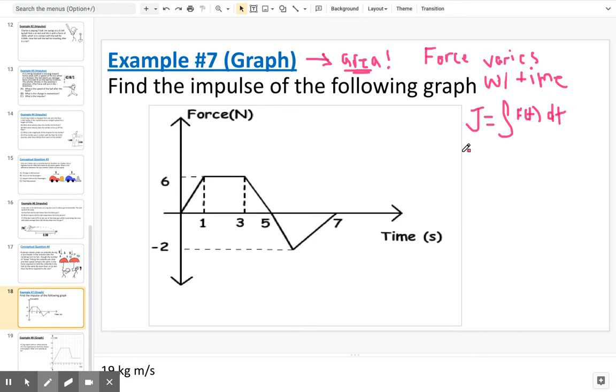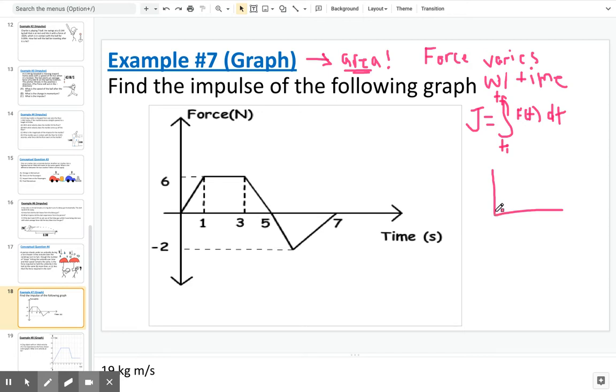Basically we would determine how the force changes during two different time intervals. We're not given an equation here, and we're not expected to find the integral, but the integral is the same as taking the area under a curve.